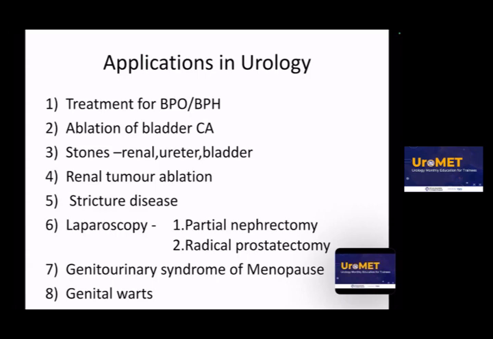Laparoscopically, we can use it in assisted partial nephrectomy or radical prostatectomy, sparing prostatectomy. And in females, it can be used for stress incontinence and genitourinary syndrome of menopause, for vaginal dryness and similar problems.